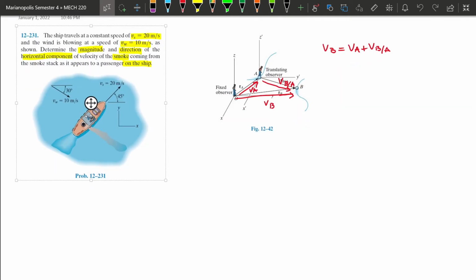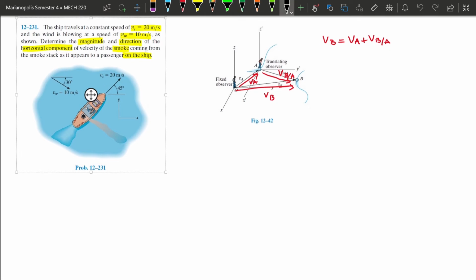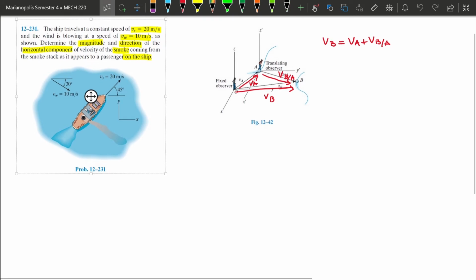So let's start solving our problem. We're given Vs and Vw, and we're given the angles. The first place to start would be to get it into its vector components.